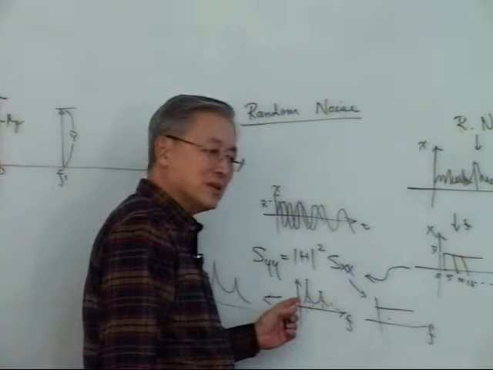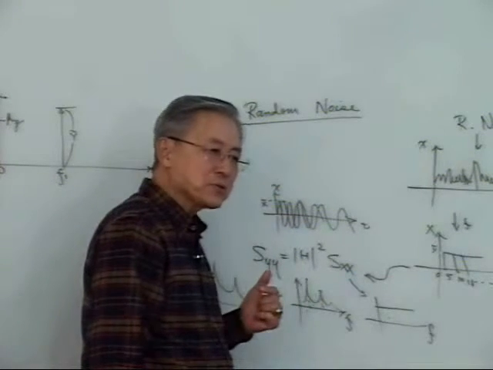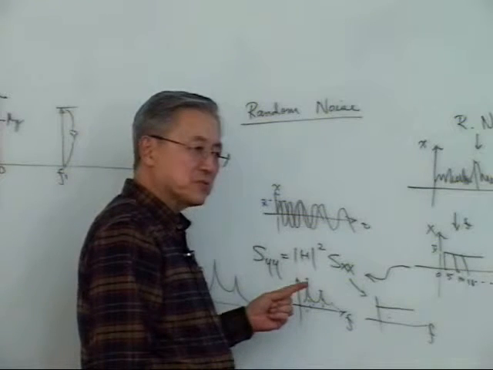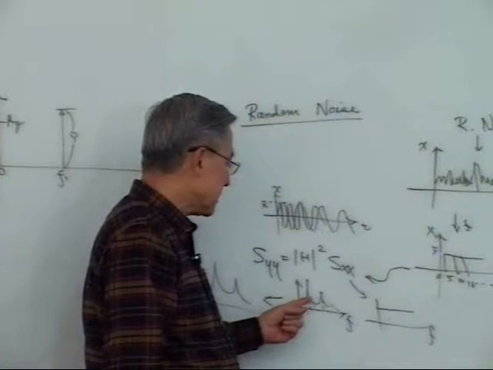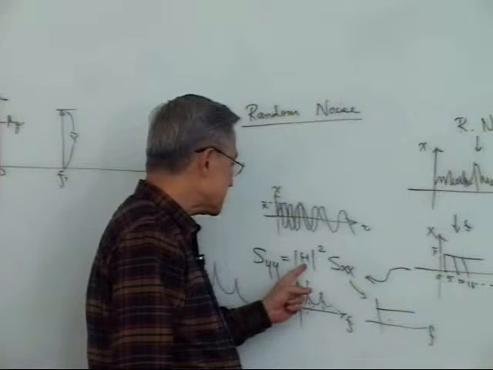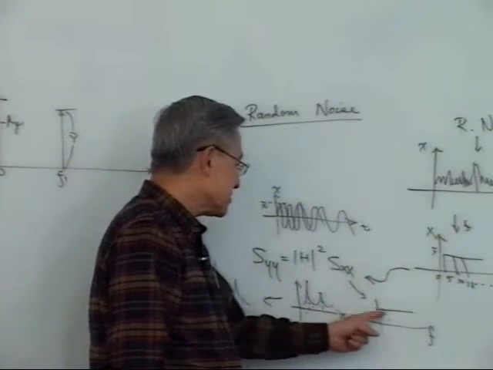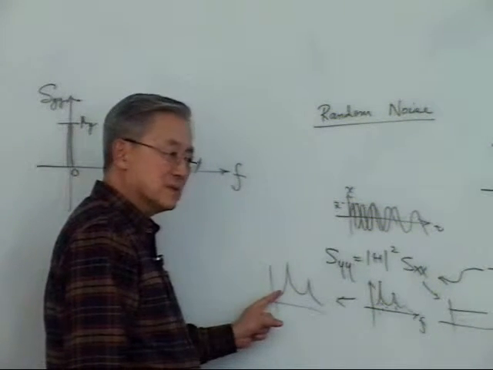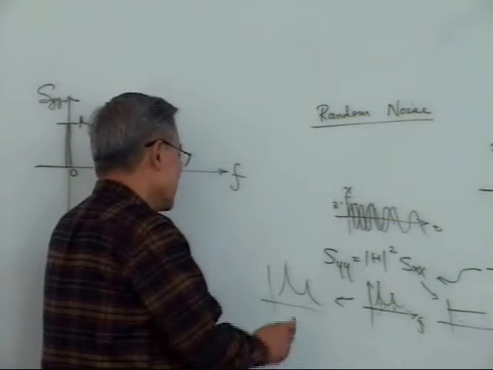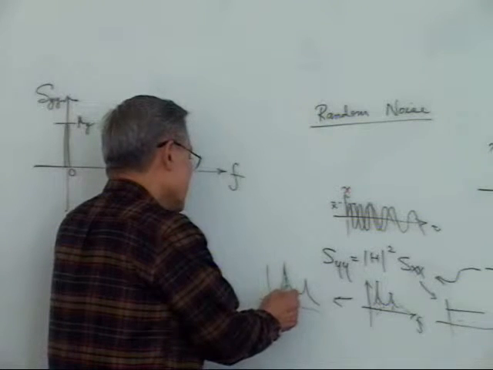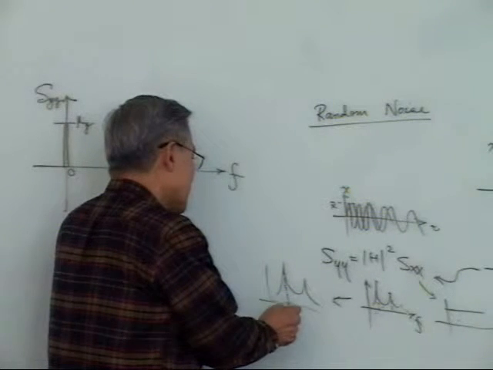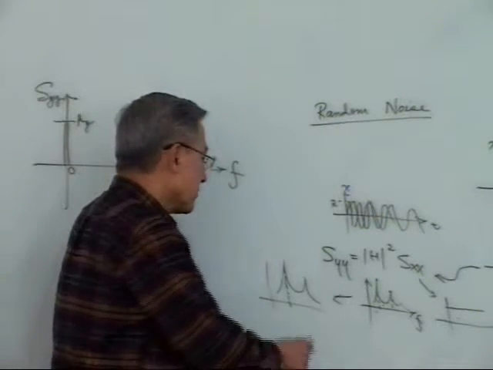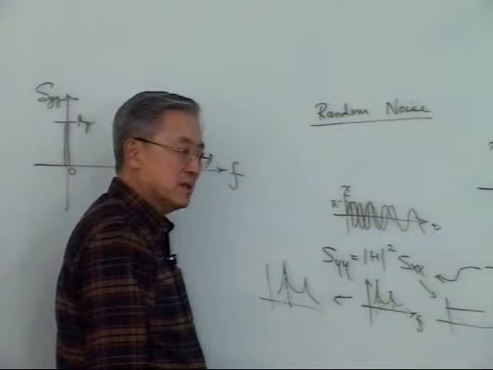To determine Syy, the output power spectra, this is the transfer function, this guy is this, you multiply this, you will get that result. Then you can tell the resonance occurs at a frequency very close to the natural frequency or first modal frequency.